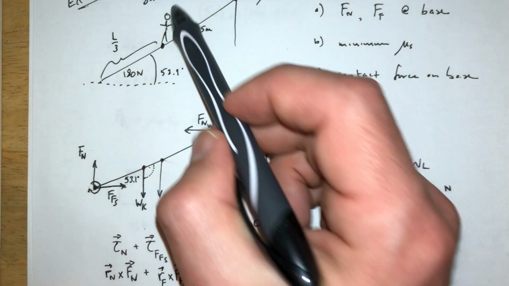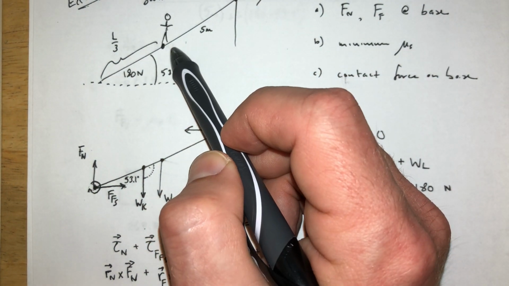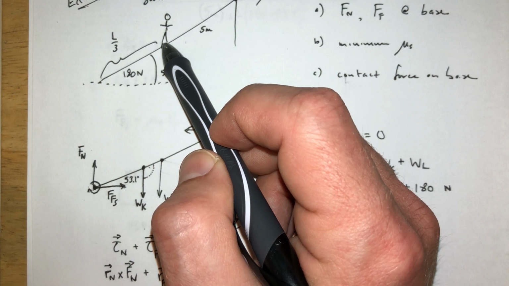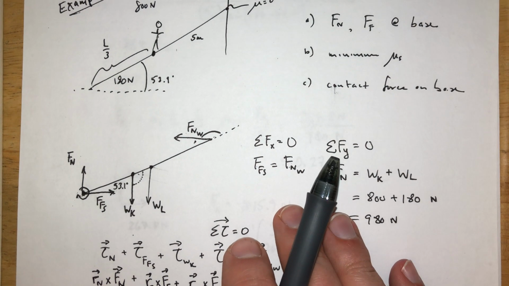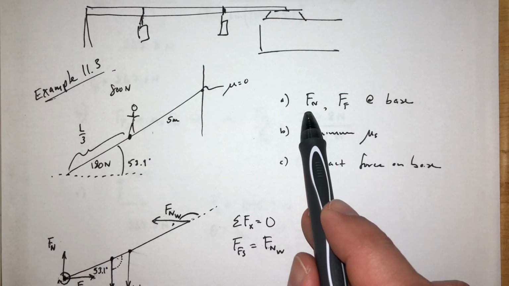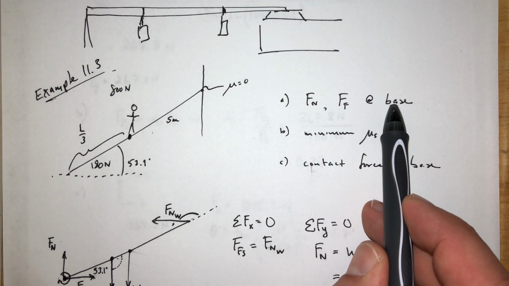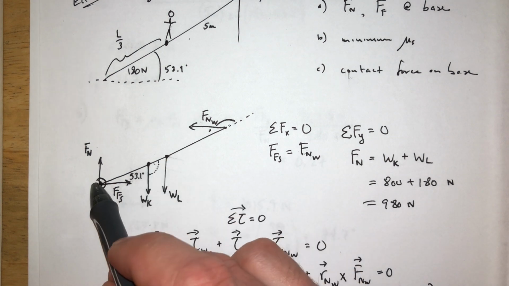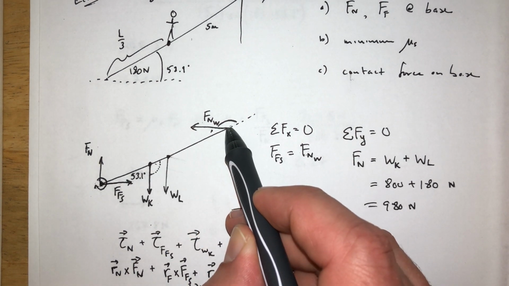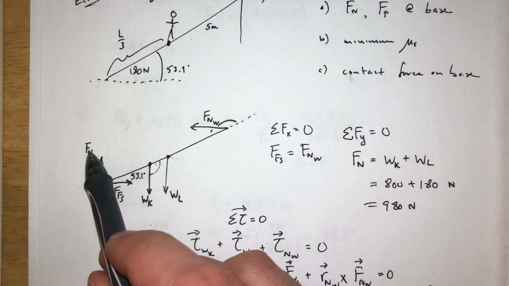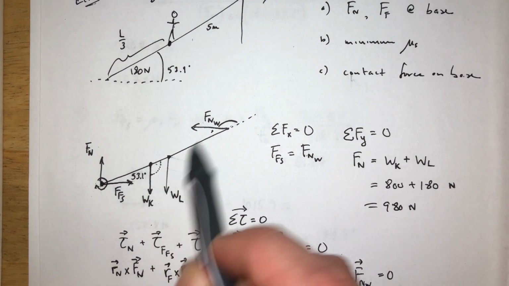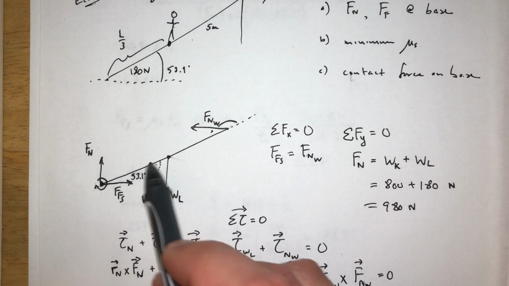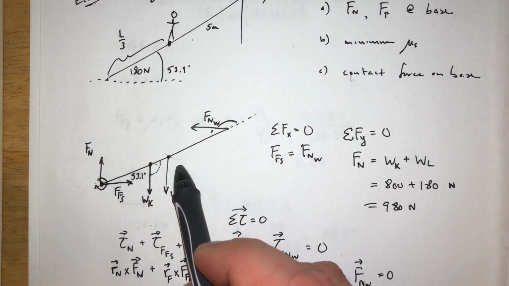Say yes, Lancelot is in equilibrium, but the interesting thing here is the ladder. And one of the reasons we know that is that the questions ask about the forces acting on the ladder, not on Lancelot. So we redraw the ladder, and then we draw all the forces that are acting on the ladder, including the locations at which they act along.